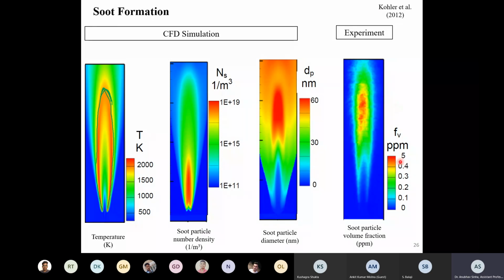This shows soot particle volume fraction, the ppm level of soot, parts per million. This is the top region of the flame where we have a large concentration, similar to what we have here. We have large volume fractions of soot. Is this slide clear to everyone?